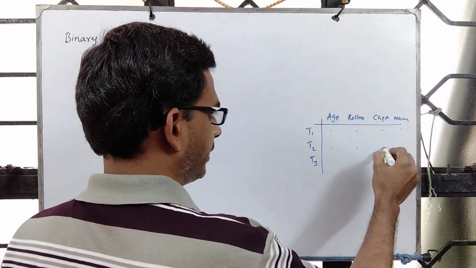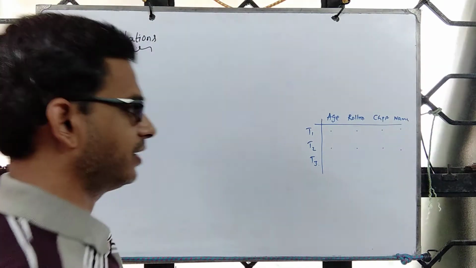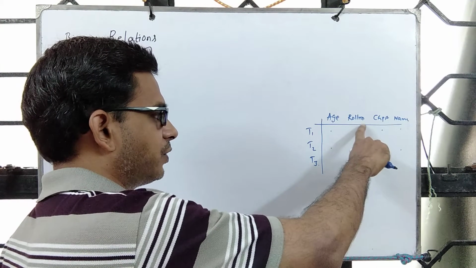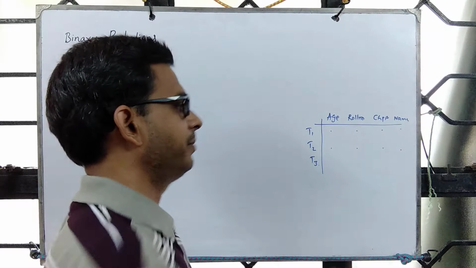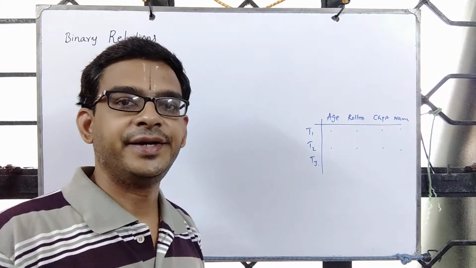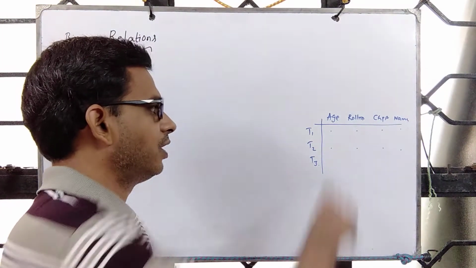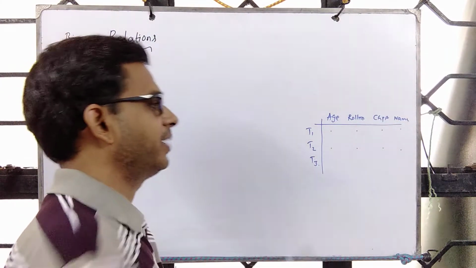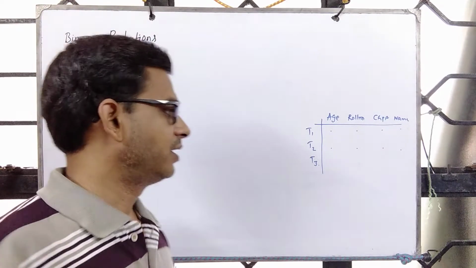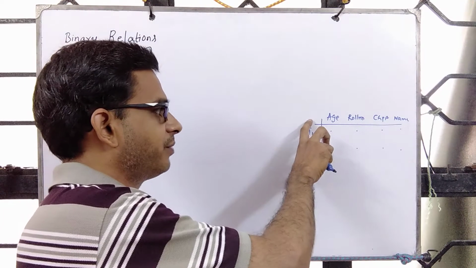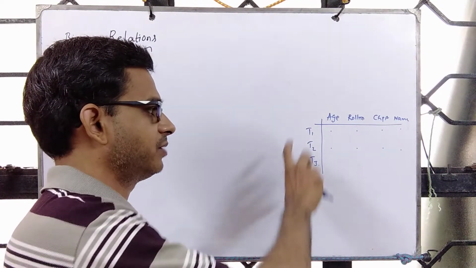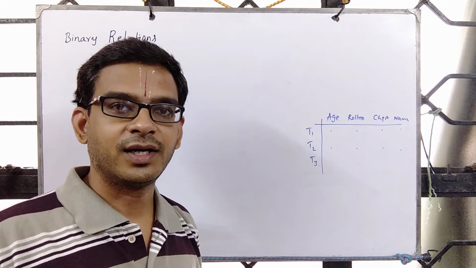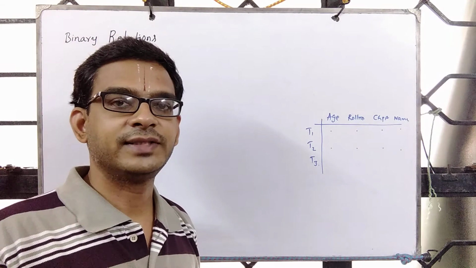Age cross roll number cross CGPA cross name, that is precisely an entry in the cross product. So all possible values for age, roll number, CGPA, name, you will see them in the cross product. A particular transaction, meaning information about the computer science department, information about the EC department, say third year students, are all example relations.